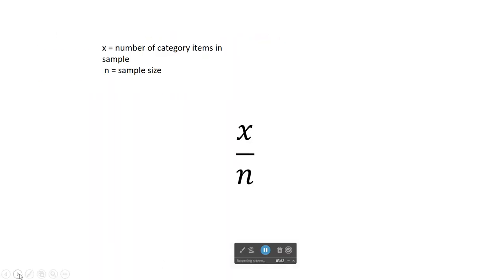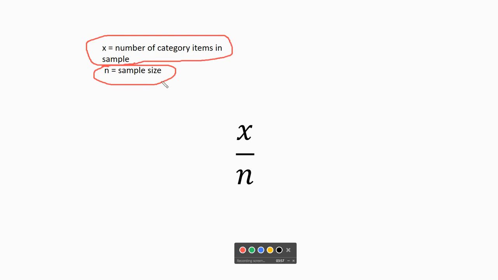So here we take a sample of size n, okay, some sample, and then we count the number of category items in the sample. Then we take that and we divide the number of items in the category by the total number in the sample.